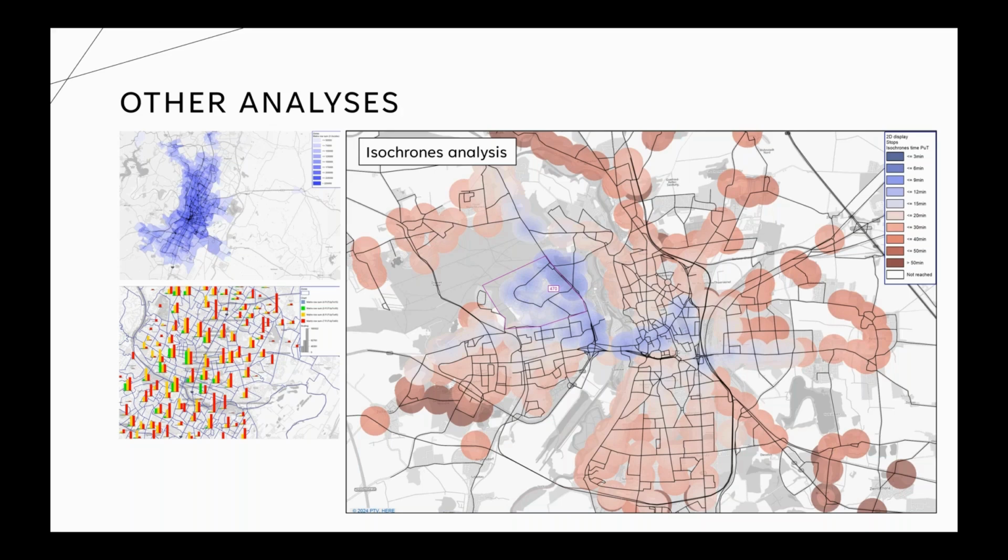It can also be the other way, it can be towards that zone. And so the isochrone analysis is only about travel time, about the trip itself. It doesn't take into account the land uses that we have in the origin or destination.